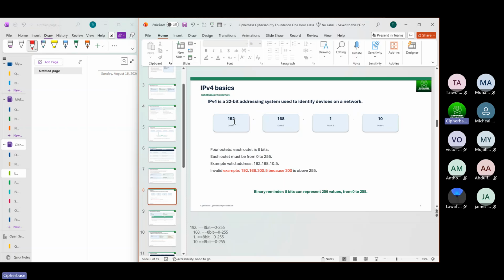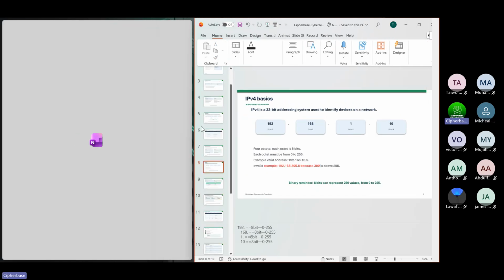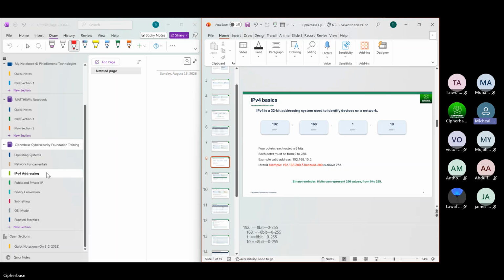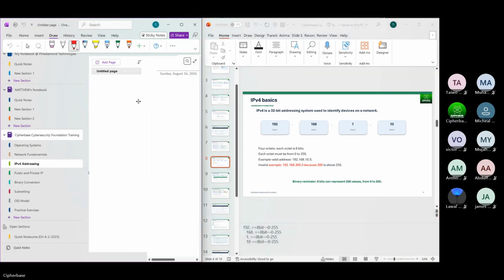Each of these numbers, like 192, contains 8 bits, which is called an octet. Let me just copy this and put it side by side so we can understand.